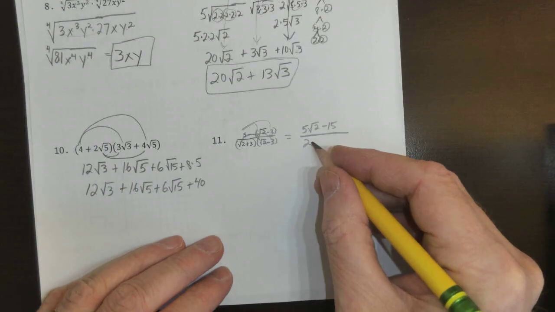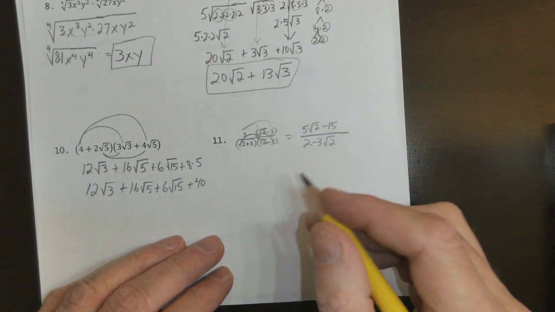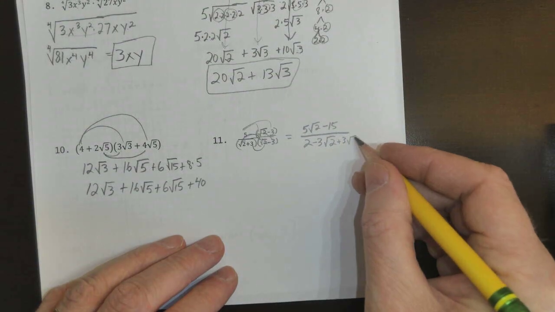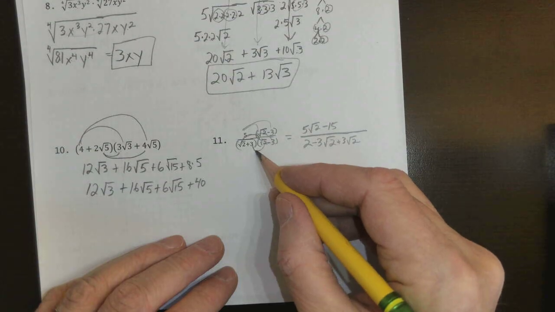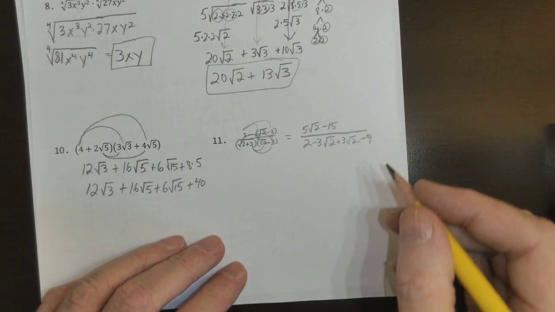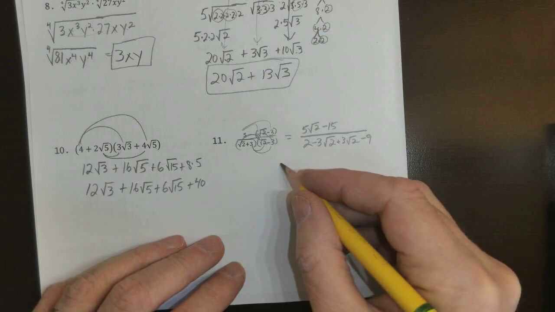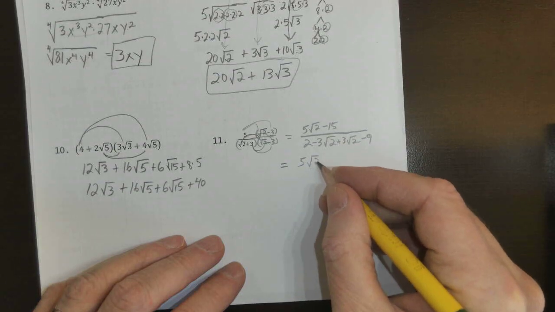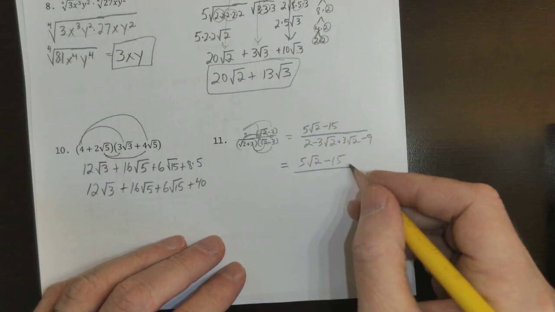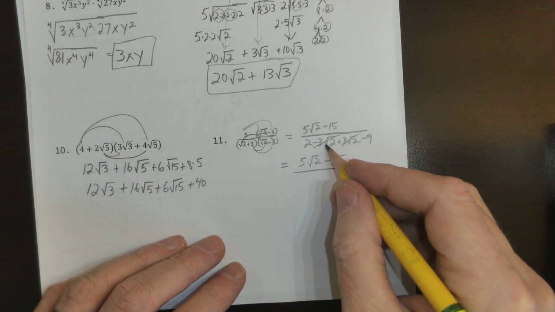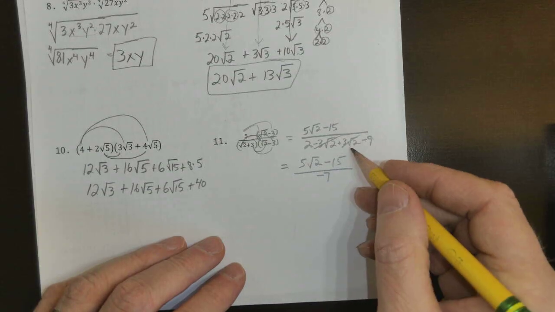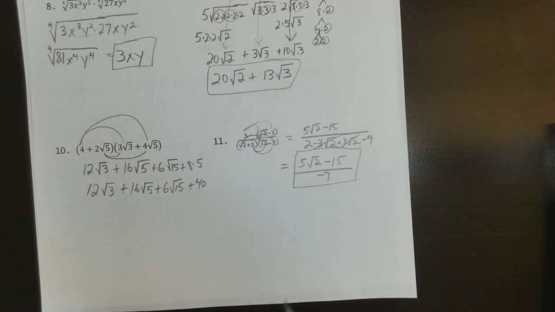Square root of 2 times negative 3 is negative 3 radical 2. 3 times square root of 2 is positive 3 radical 2. And 3 times negative 3 is negative 9. So I have 5 radical 2 minus 15 over, those two cancel, negative 3 radical 2 and positive 3 radical 2. And 2 minus 9 is negative 7. So that's that, guys.